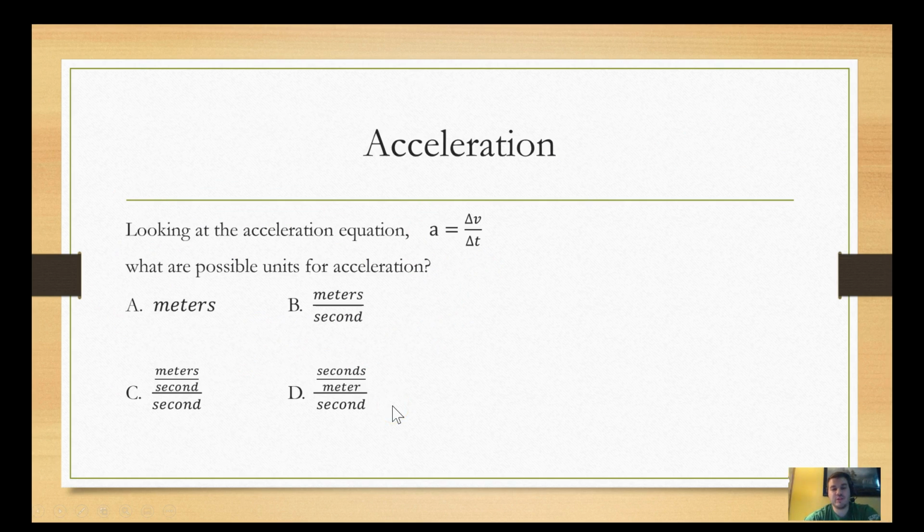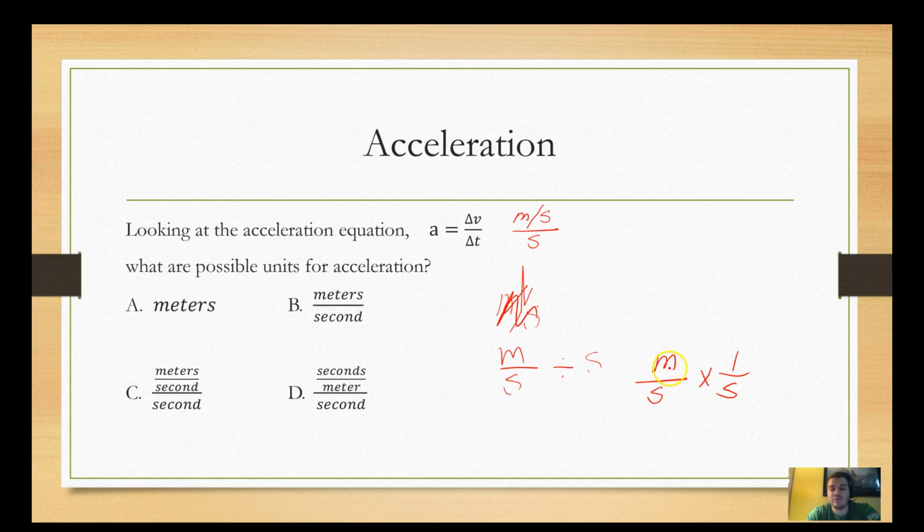All right, let's talk about units for a moment here. It's important to know what the units are for acceleration. So change in velocity: remember that velocity has units of meters per second, and time has units of seconds. So if we take meters per second and divide it by seconds, it's really important to remember that this does not make seconds cancel out, because dividing is the equivalent to multiplying by the reciprocal.